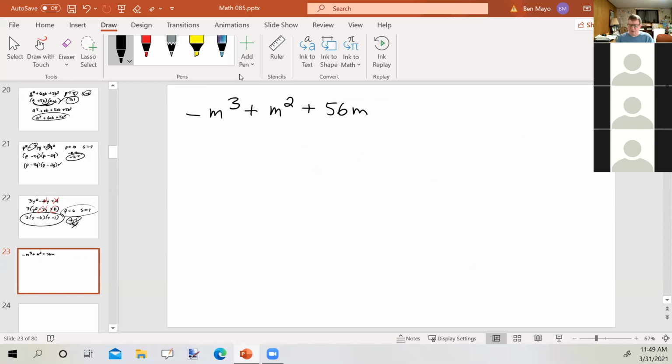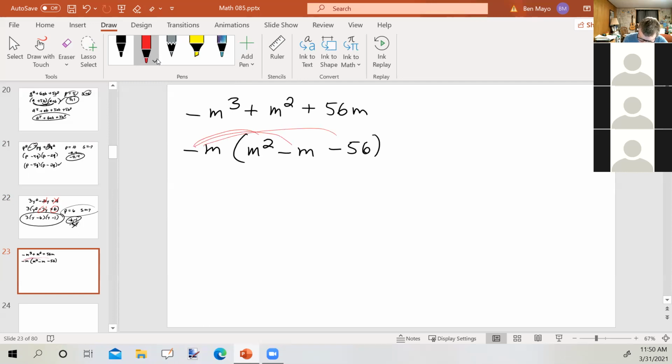Our leading coefficient is not a 1, it's negative. Not only that, but there's a common factor of an m. So I'm going to factor out -m so that my leading coefficient inside is positive. Let's see, that's going to be -m and -56. That would give -m cubed plus m squared plus 56m.